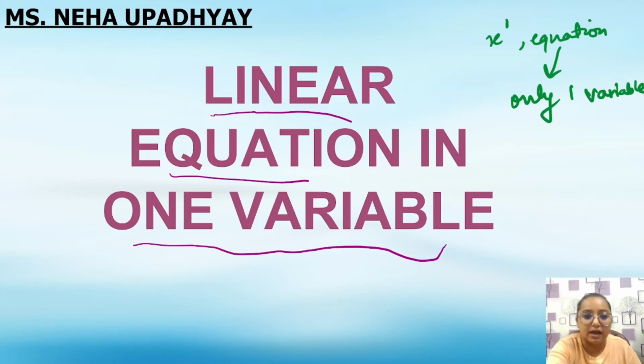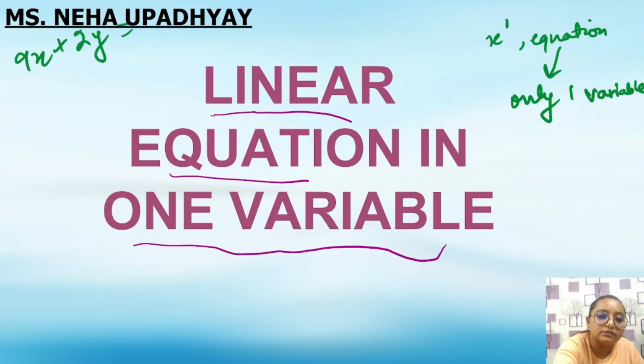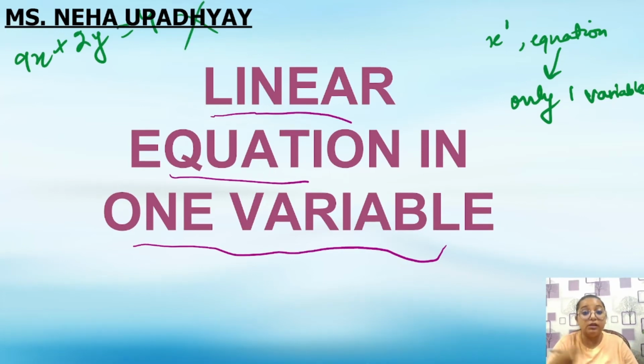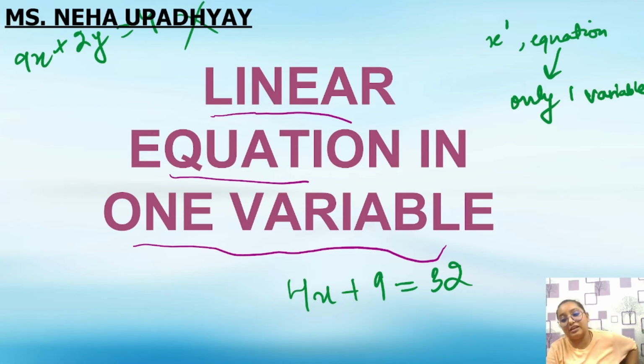If I give you examples, 9x plus 2y is equal to 4. Is this a linear equation in one variable? Yes or no? No, it is not a linear equation in one variable. Why? Because we have two variables. But if I talk about 4x plus 9 is equal to 32, is this a linear equation in one variable?